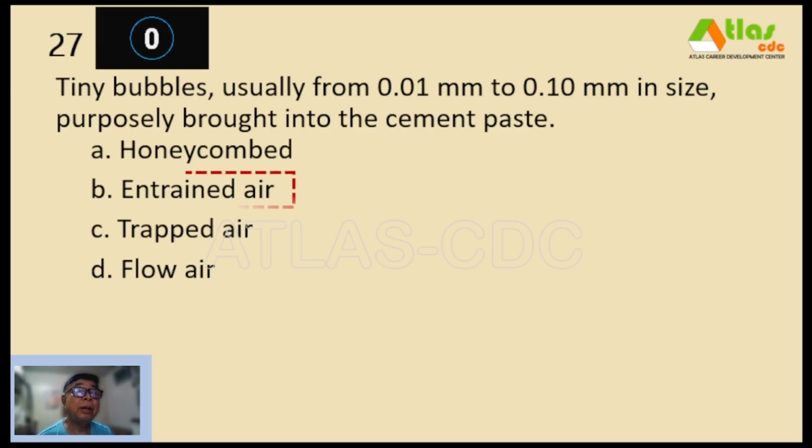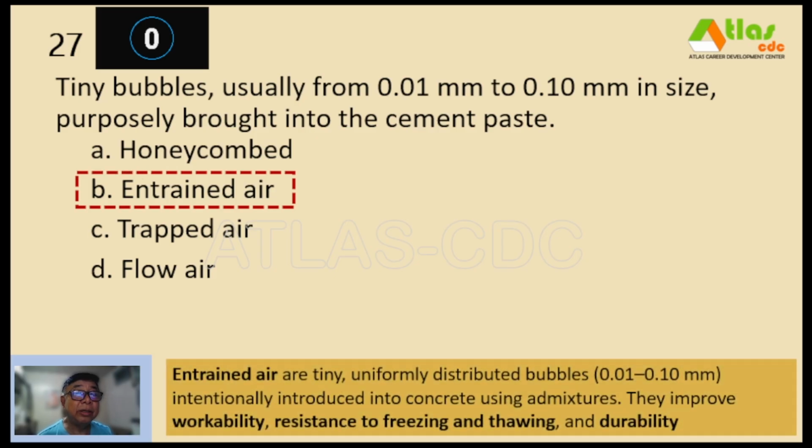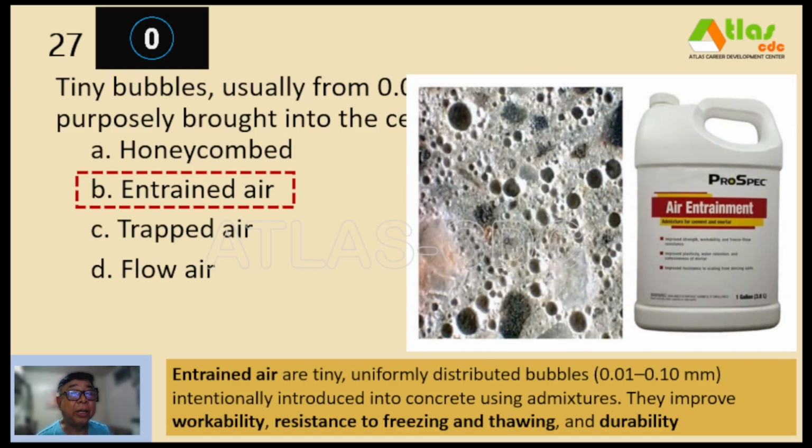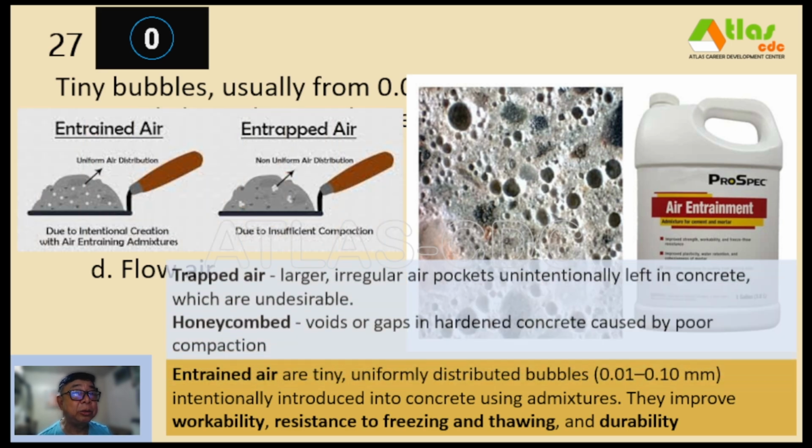And our correct answer is letter B, entrained air. So entrained air are tiny, uniformly distributed bubbles, 0.01 to 0.10 mm, intentionally introduced into concrete using admixtures. They improve workability, resistance to freezing and thawing, and durability.